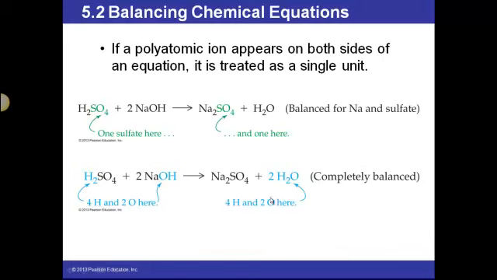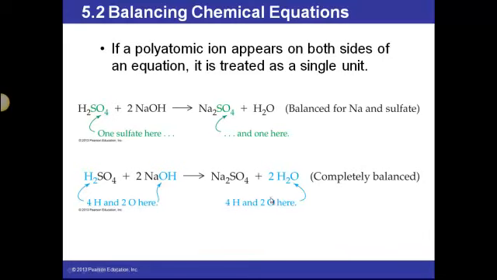So in summary of balancing our chemical equations, the polyatomic ions that appear on both sides of an equation can be treated as a single unit. They're going to move together. So if you've got hydroxide or sulfate or ammonium, these are all going to move as a complete distinct unit. So that's one hint: move your polyatomic ions as units.